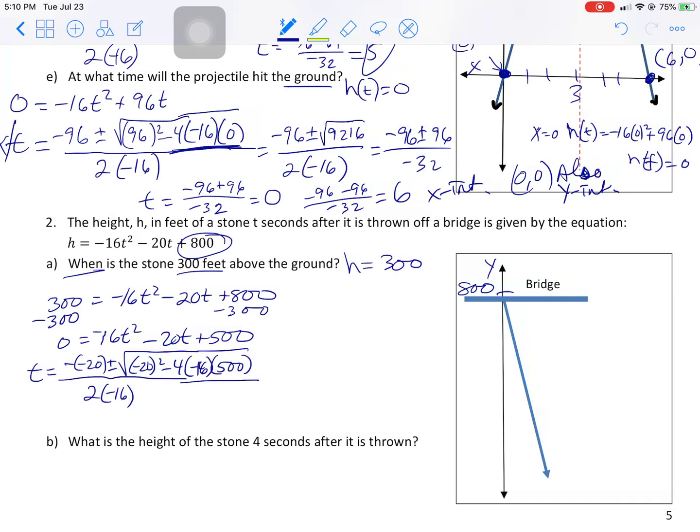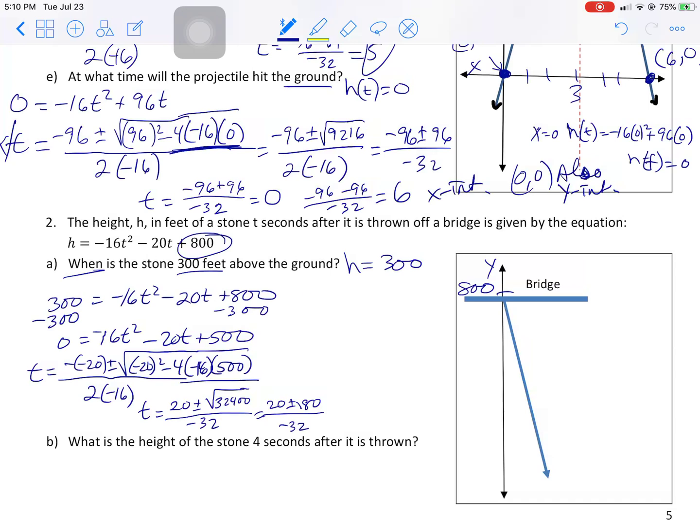So that's going to be 20 plus or minus the square root of, I did this before, 32,400, over negative 32. Apparently the square root of this big, huge number is 180.